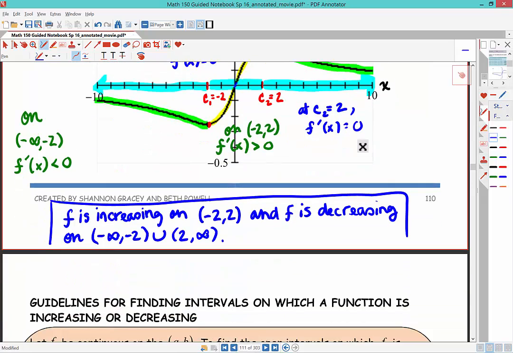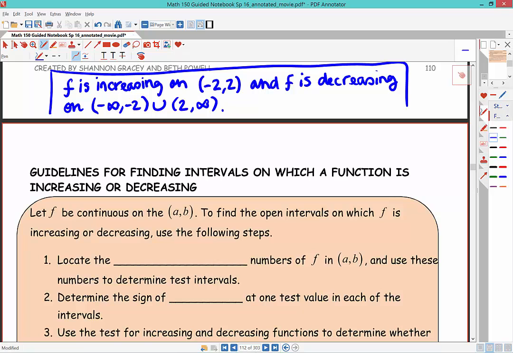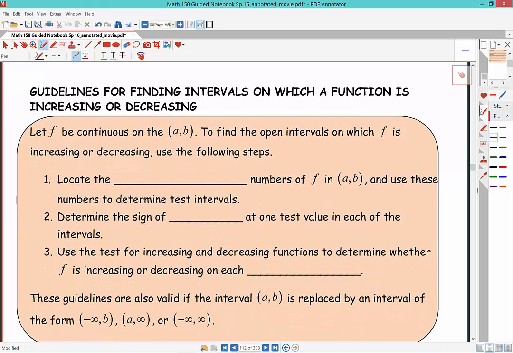All right. So, here are some guidelines. If you don't have that graph right in front of you and you're looking for guidelines on finding intervals where a function is increasing or decreasing, here's what you do.